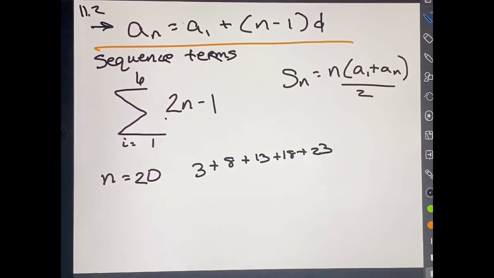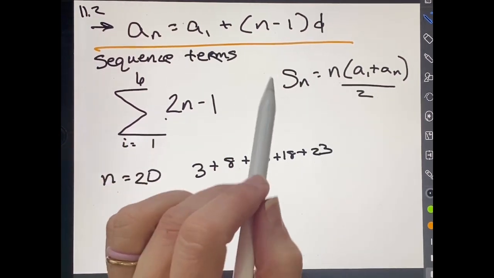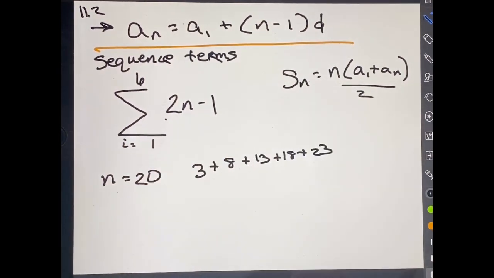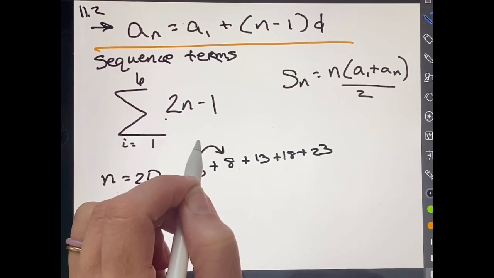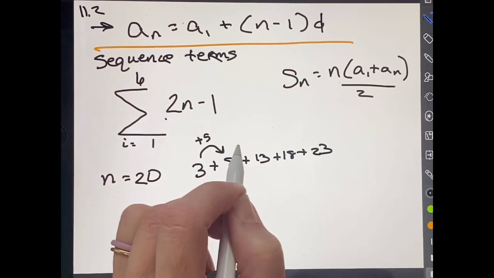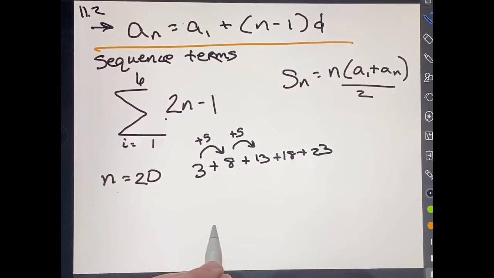Okay. So on this one, we know we need the 20th term. We don't quite know how to get to the 20th term, so we're going to have to go back and find that. So the very first step before we can even start summing is we have to find the equation. So what do we have? We have a jump of plus 5 each time so that we know that our value d is plus 5.